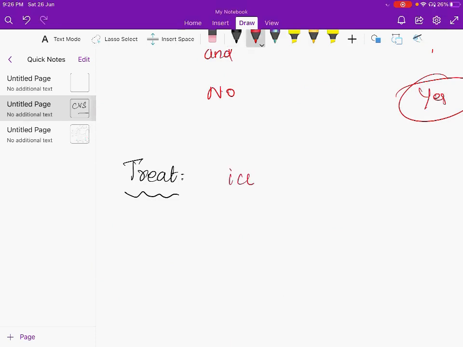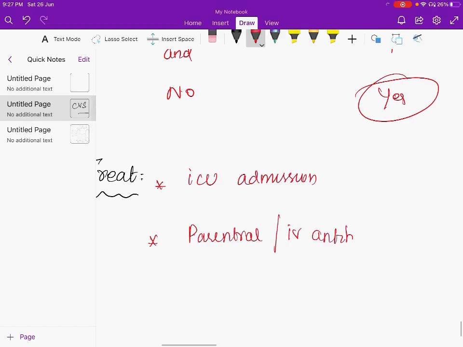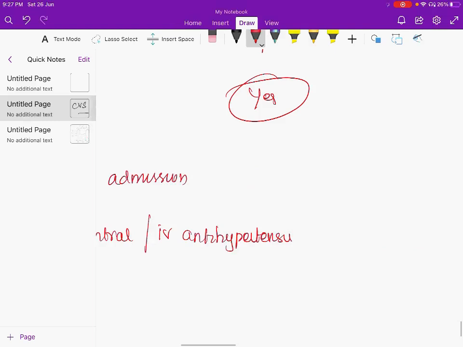And the patient should be admitted to the ICU with parenteral, preferably IV, antihypertensives, like your nitroglycerin, your nifedipine, your labetalol.